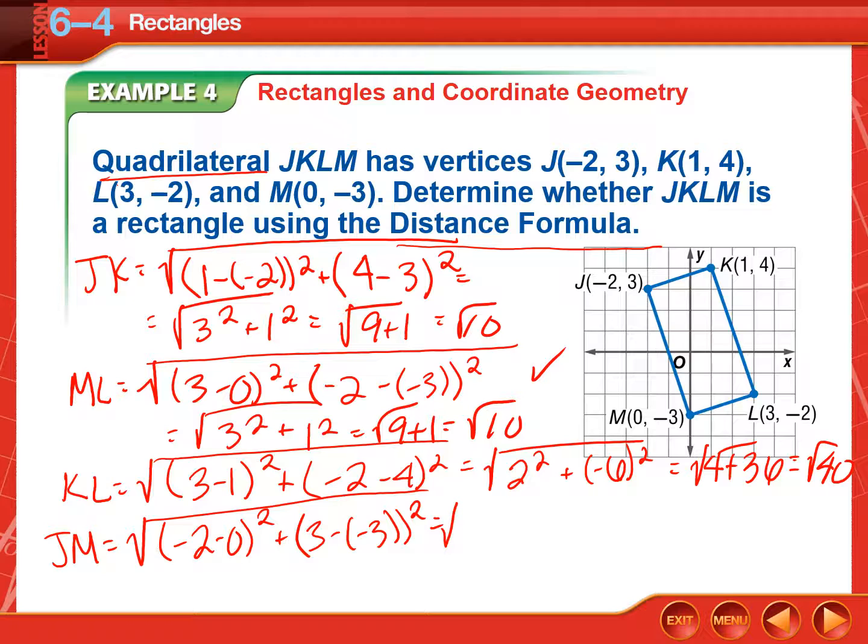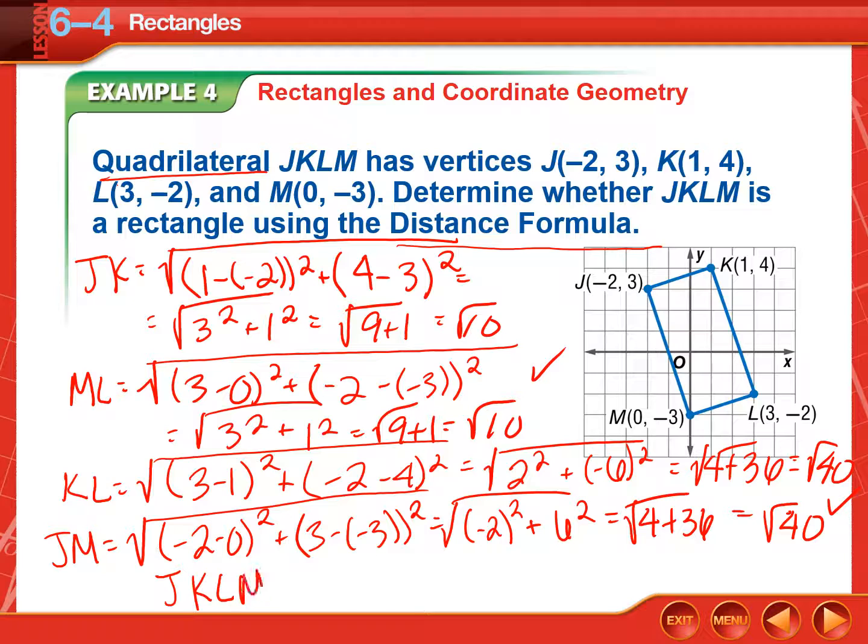So that's going to be a negative 2 squared plus a 6 squared, which is 4 plus 36, square root of 40. Okay, so we've got both pairs of opposite sides being congruent, so therefore we can say that JKLM is a parallelogram.